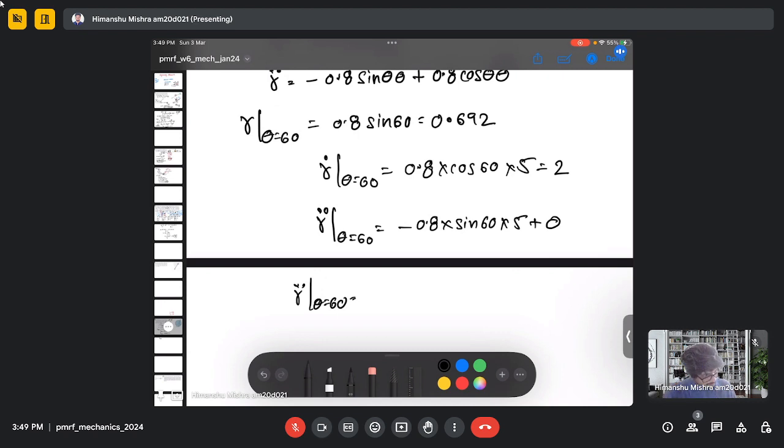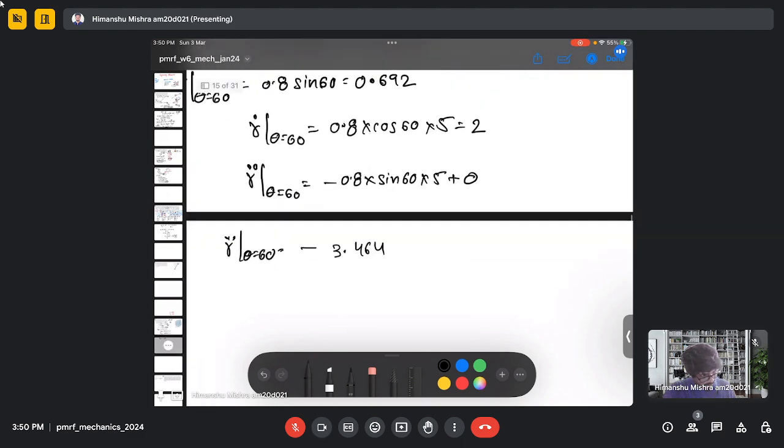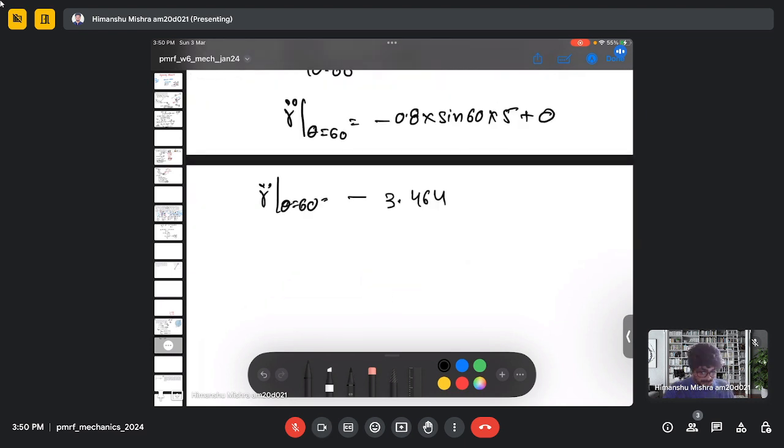So this will be minus 3.464. Just to recollect from the previous class, my a_r is r double dot minus r theta dot squared.